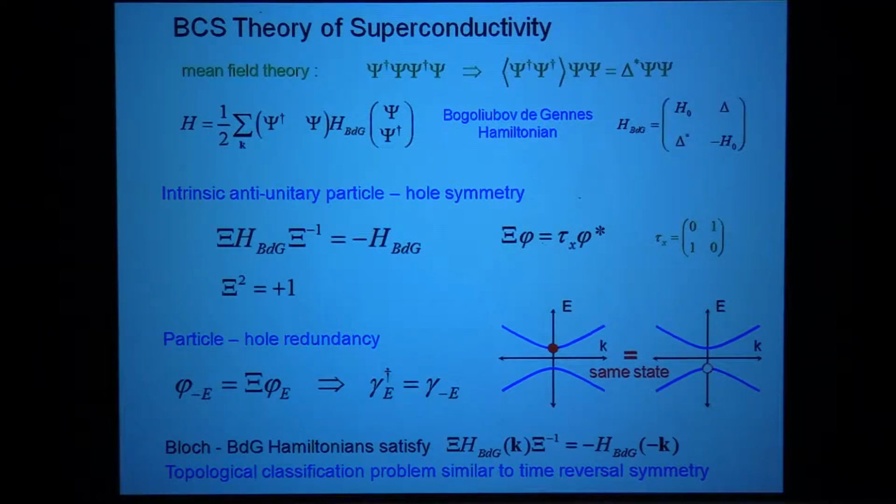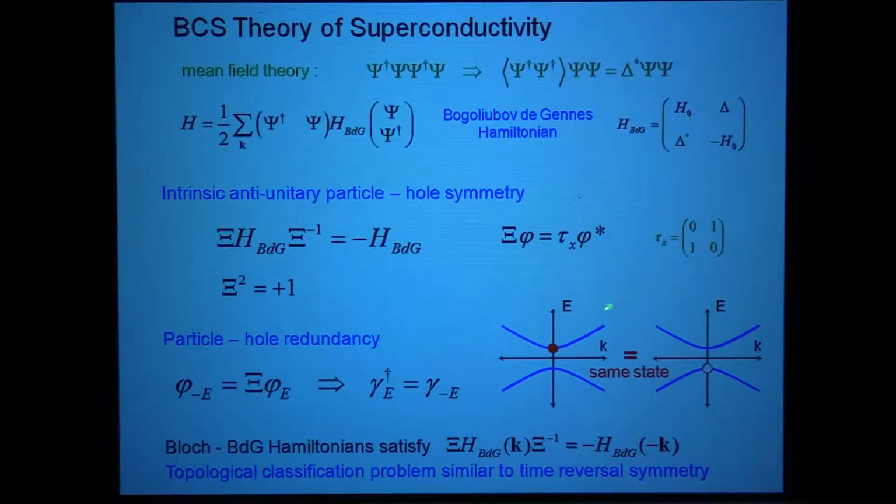Okay, so this Bogoliubov-de Gennes Hamiltonian is like the Hamiltonian of an insulator, if you will, but it has this intrinsic symmetry. Again, the conduction band looks just like the valence band, but in fact the conduction band and the valence band are redundant with each other. Which means that in an insulator, I can consider two different excitations.